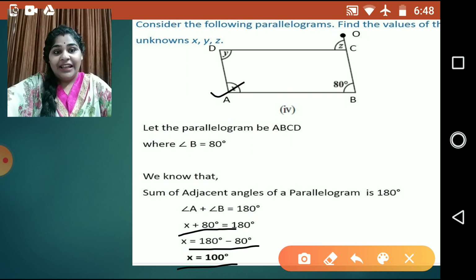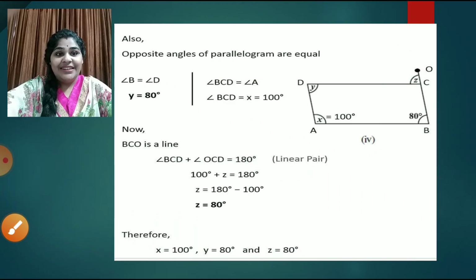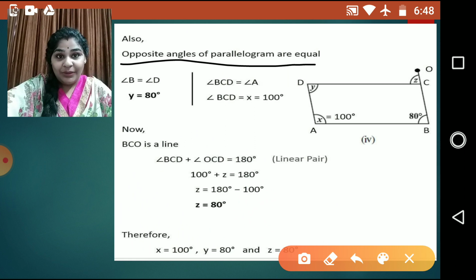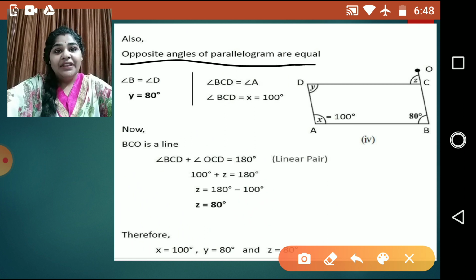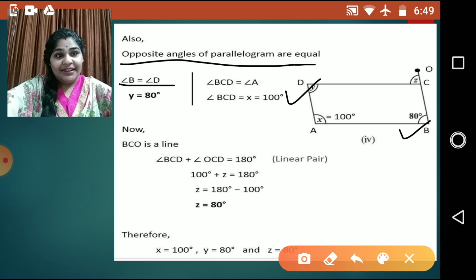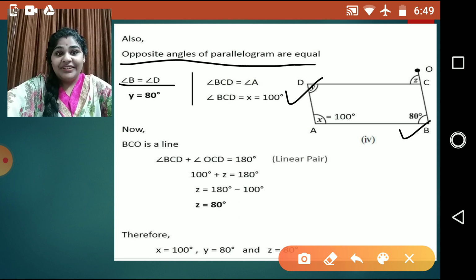So we got our angle X. Let us proceed. Opposite angles of a parallelogram are equal. This is another property we have seen. So angle B and angle D are opposite angles, which are equal. Angle B is given as 80 degrees. That means angle D is also equal to 80 degrees, which is symbolized by Y.